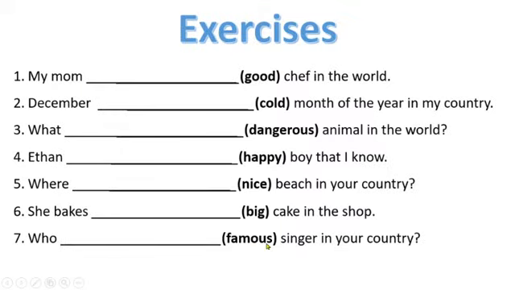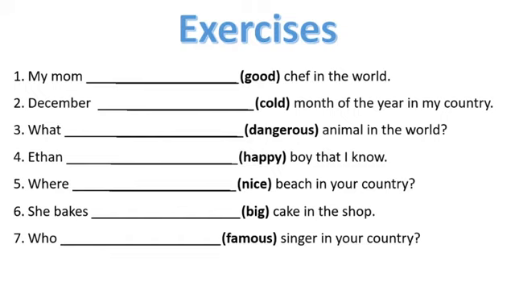Okay, now here we have 7 sentences, and the idea is we have to complete the sentences with the adjective that is in the brackets and in the right form. Now pay attention. What is the first step? When you are doing exercises with superlative words, you have to remember how you can identify a superlative short and a superlative long.